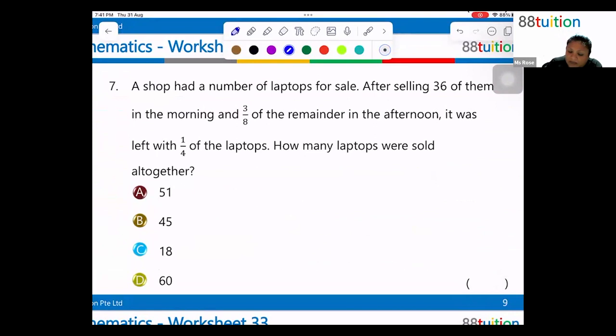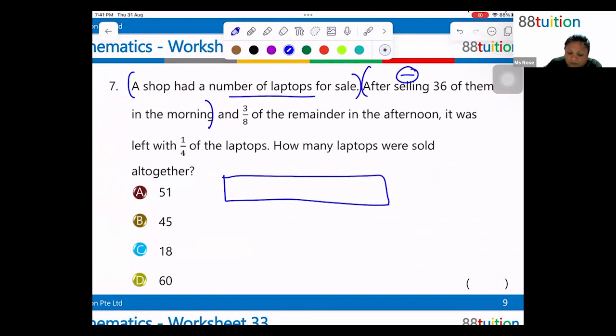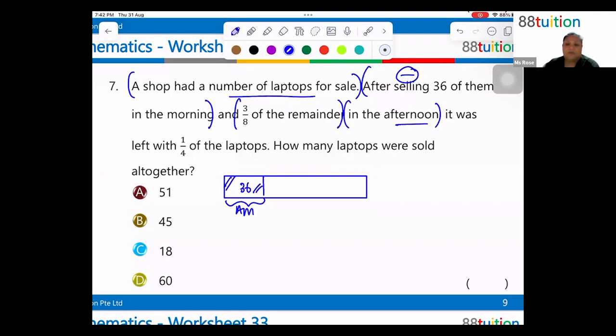So a shop had a number of laptops for sale. After selling 36 of them in the morning. So that means if I were to use a model to represent this, the laptops for sale after selling 36 of them. So 36 of the laptops sold in the morning, then 3/8 of the remainder in the afternoon.